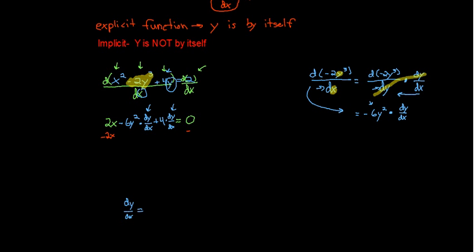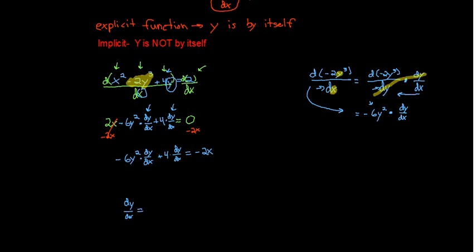The 2x's go away. I'm left with negative 6y squared dy/dx. Those are multiplying. Plus 4 times dy/dx equals negative 2x.